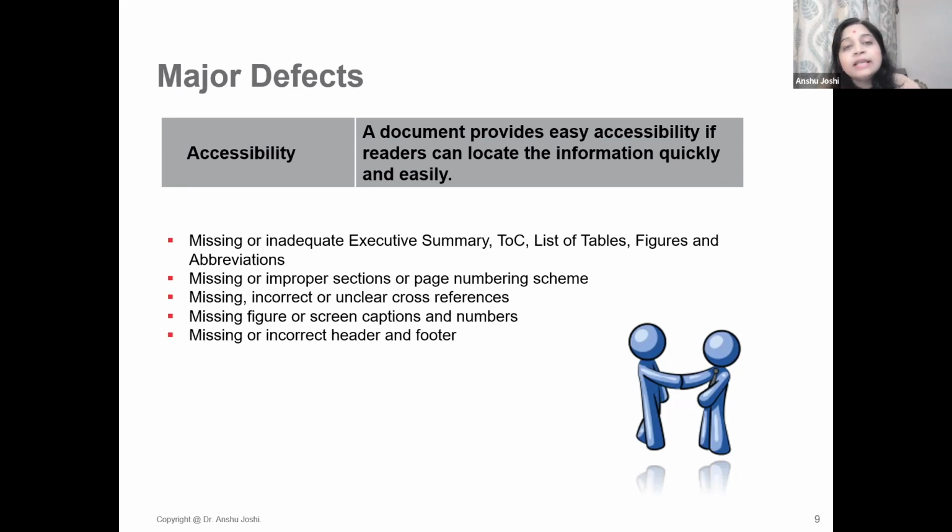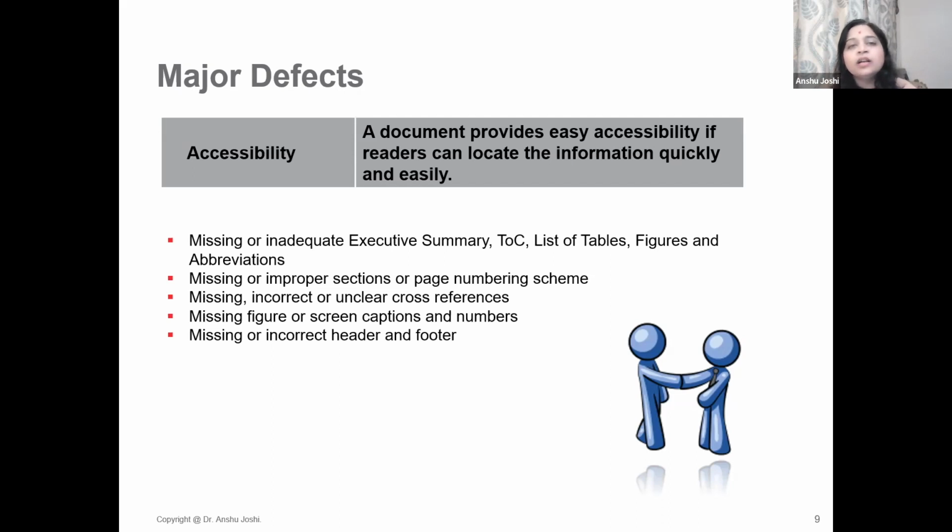Then there could be missing, incorrect, or unclear cross references. Cross references are nothing but references to the content that you take and put in your research proposals, and they need to be provided completely as per the set guidelines.